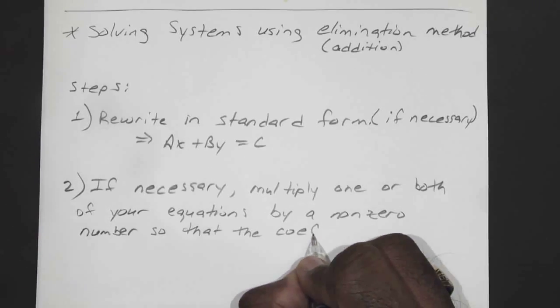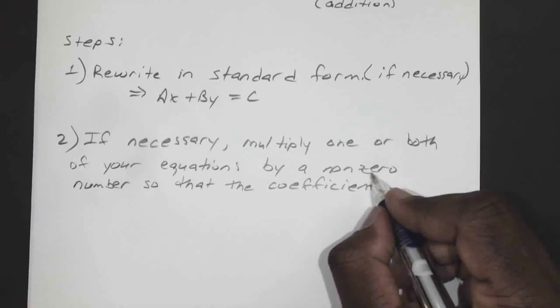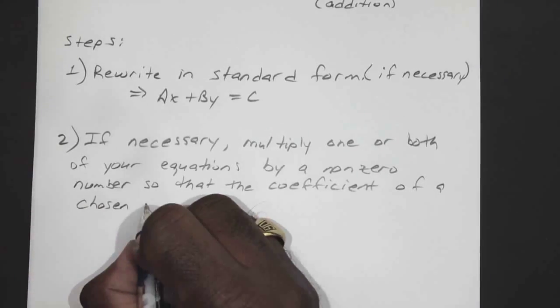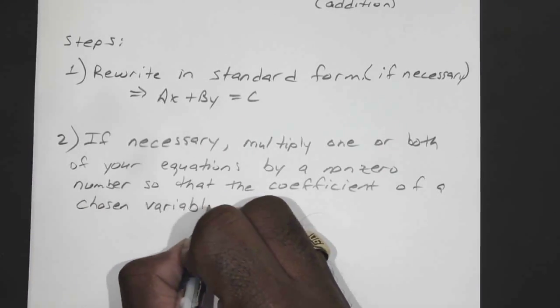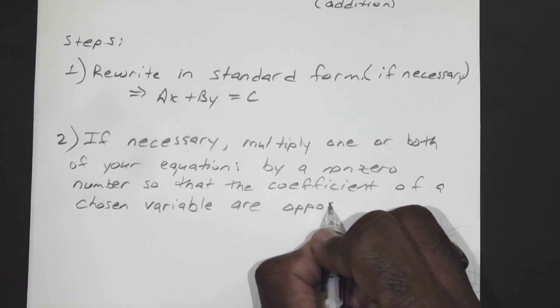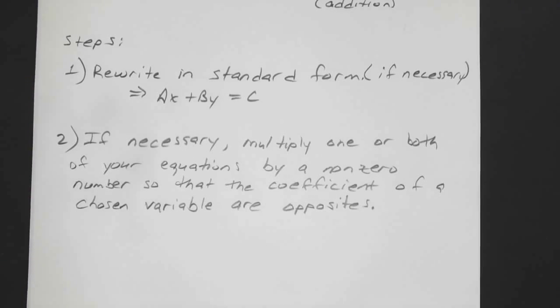The coefficient of a chosen variable are opposites. So if you have 3x in one, you want to have negative 3x in the other. If you have negative 12x in one equation, you want to have positive 12x in the other. So you want to make sure they're opposites.